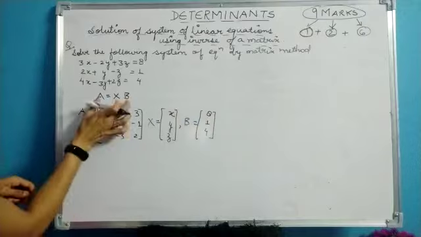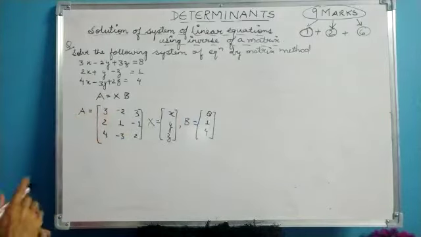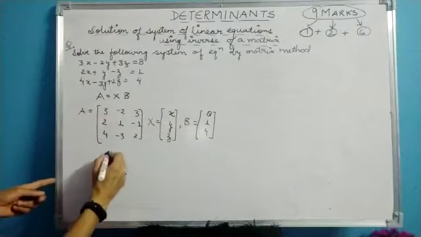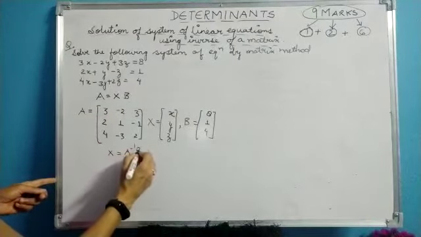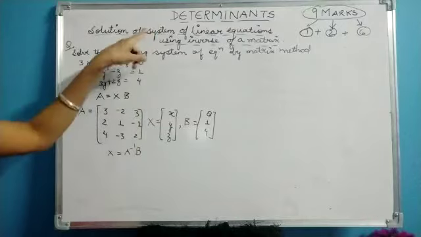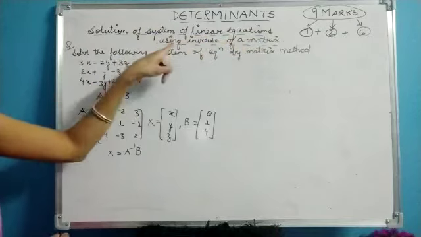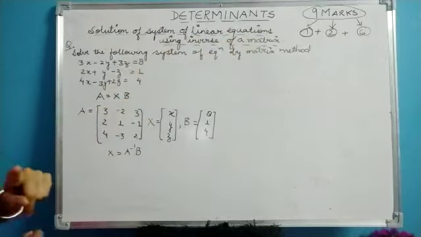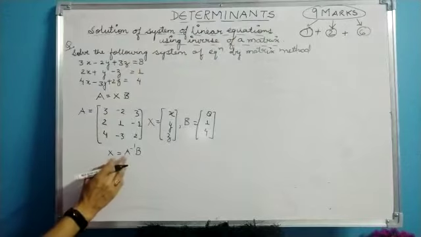Now this AX equal to B can be written in other form as X equal to A inverse B. Children, we are saying that we can find the solution of the system of linear equations by the inverse of a matrix method. So here this is the inverse which we have to calculate.